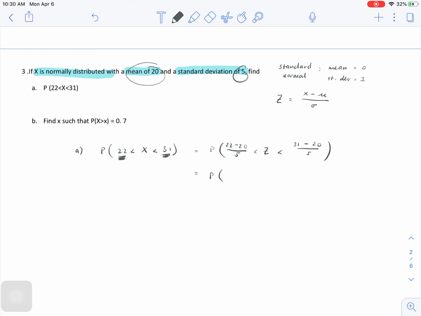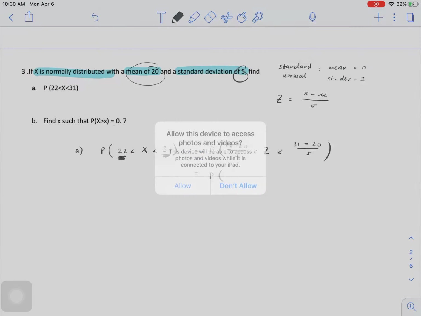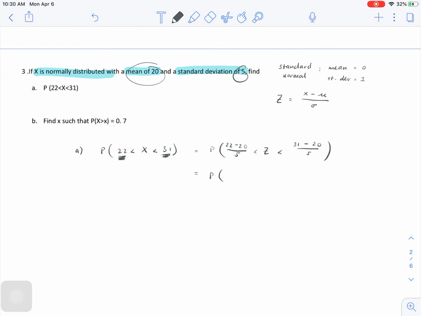And so now we just want to calculate these values and turn them into decimals. Let me plug this into my calculator. 22 minus 20 over 5 is 0.4. And 31 minus 20 over 5 is 2.2.